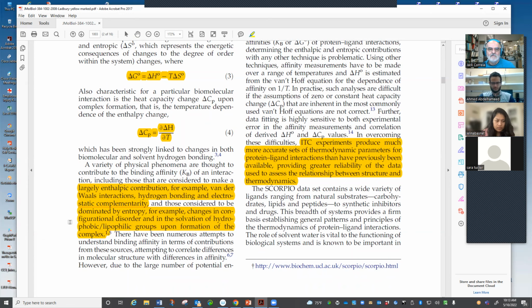And the configurational disorder, we're not going to talk about too explicitly. It basically has to do with how many degrees of freedom there are. It has to do with loss of rotational and translational freedom when you bind a ligand. Okay, some of this will come up in the paper that Sarah presents on Monday.